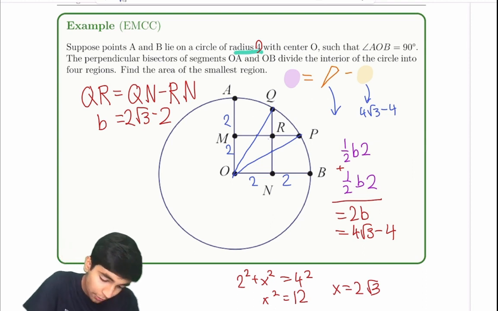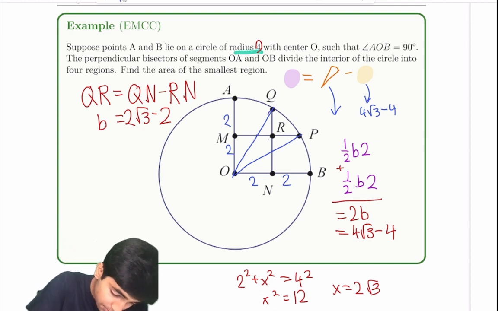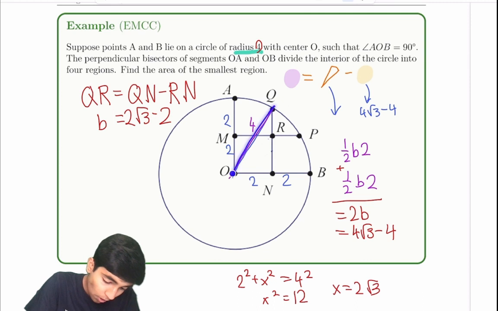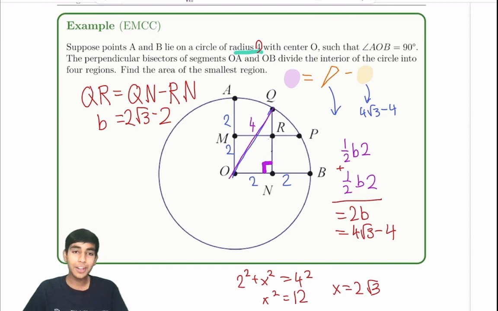Well, remember how we found that this over here is 4? Well, then, look here. 4, 2, right angle. Does that remind you of any special triangle we may have learned? Hypotenuse double the leg.